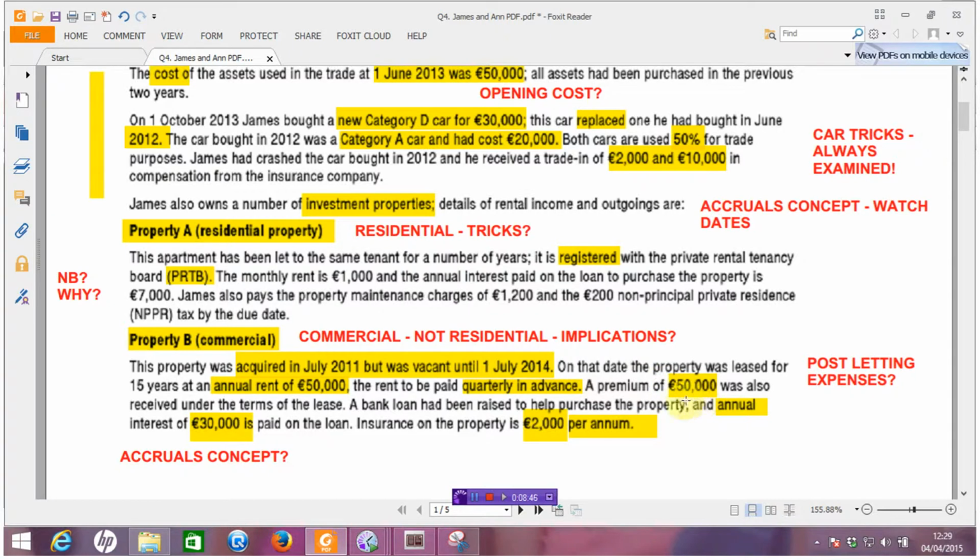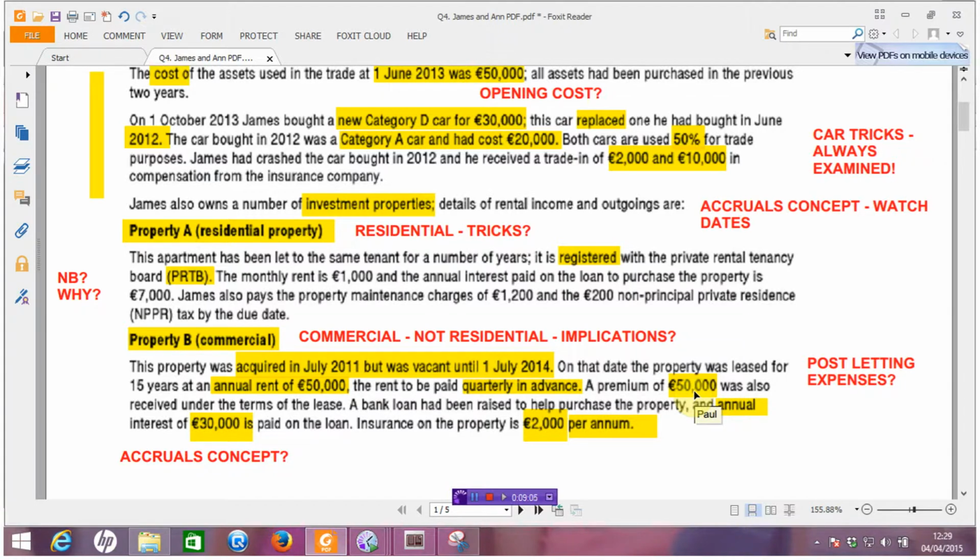Also got a premium here, not covered in the IT section of your study text, actually included within your corporation tax area. And let's just be clear, this issue of a premium, what is it? Well, it's simply an amount of money that is paid by the tenant to the landlord in addition to the rent.